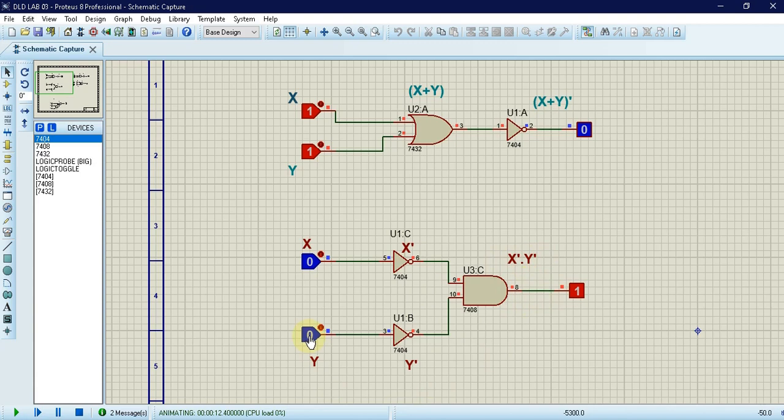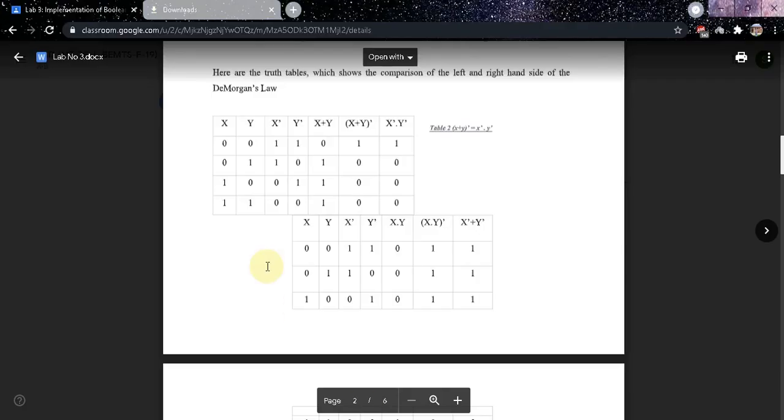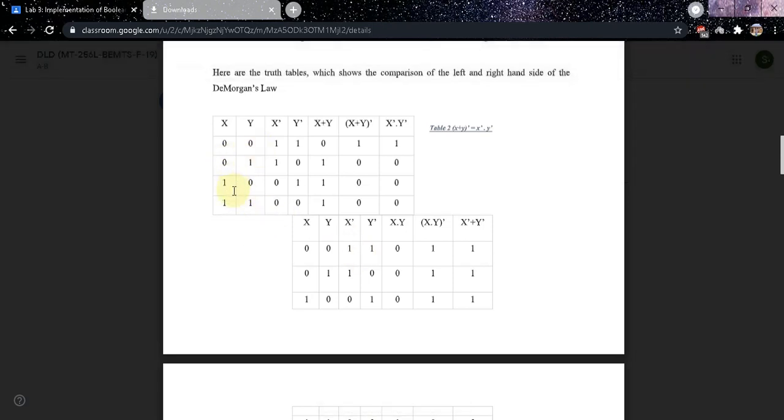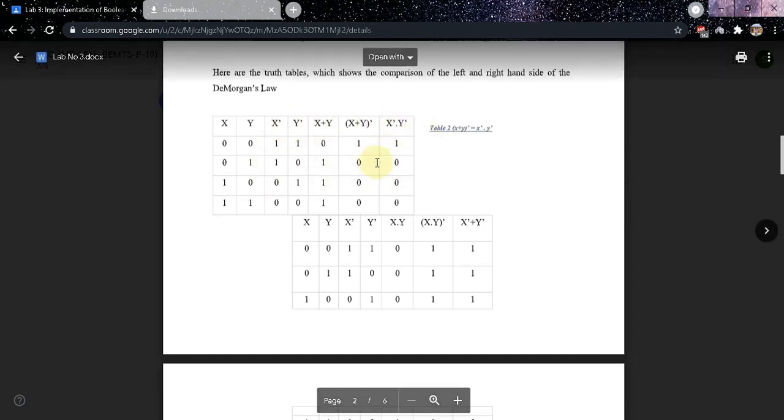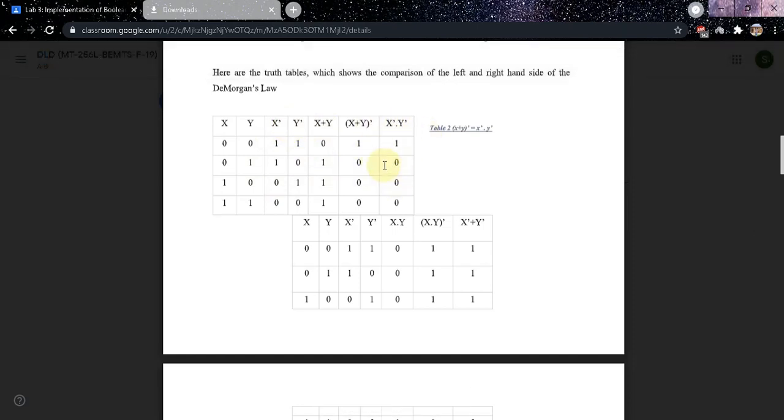Now let's see if we give 1 to our y. We gave y a 1, so 0 1, which is inverted as 1 0, and when we join these two outputs to an AND gate as inputs, the output given by 1 and 0 is 0.